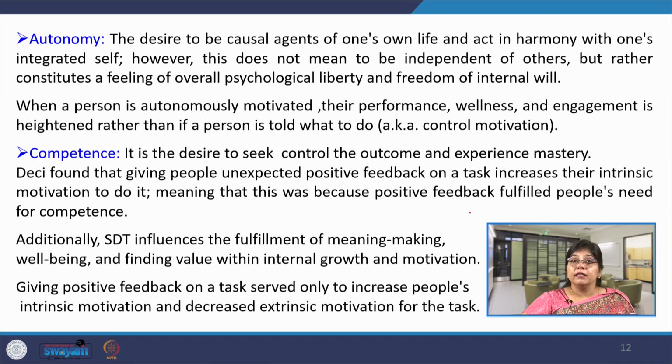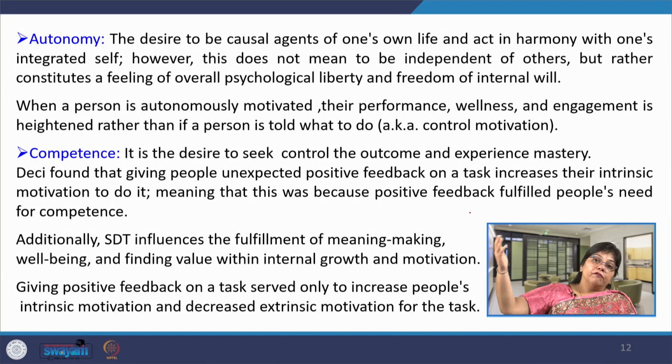So, additionally, SDT influences the fulfillment of meaning making, well-being and finding value within the internal growth of motivation. Whenever an employee receives positive feedback for his performance, there is more perception of meaning in the work. The person can find more meaning in how he is contributing to the organization, for which he has received positive feedback.